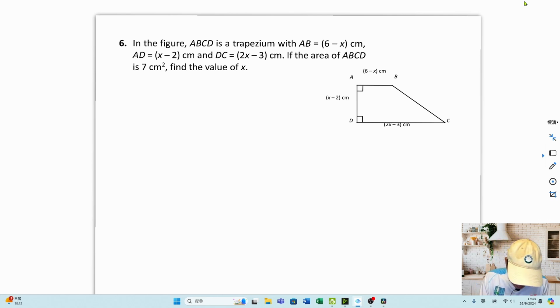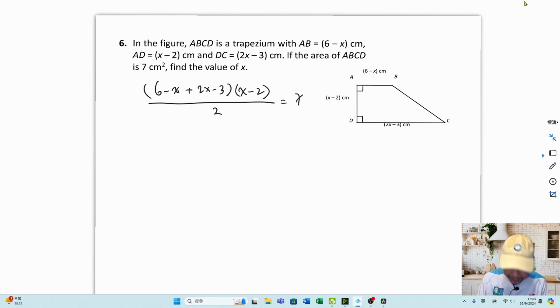The sum of the upper base and the lower base, times the height, divided by 2 is equal to 7.